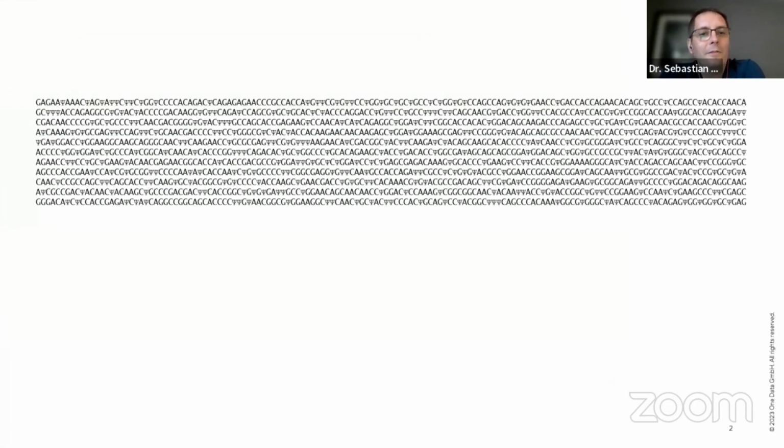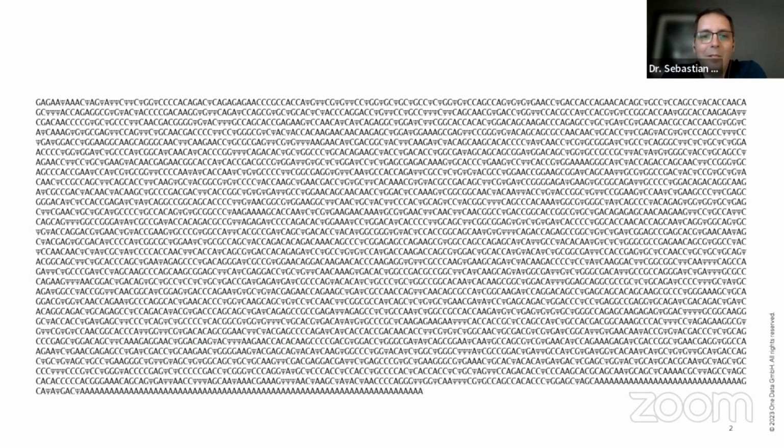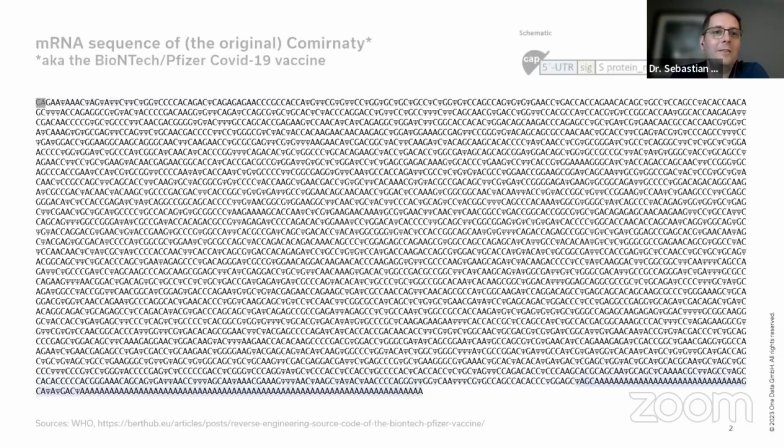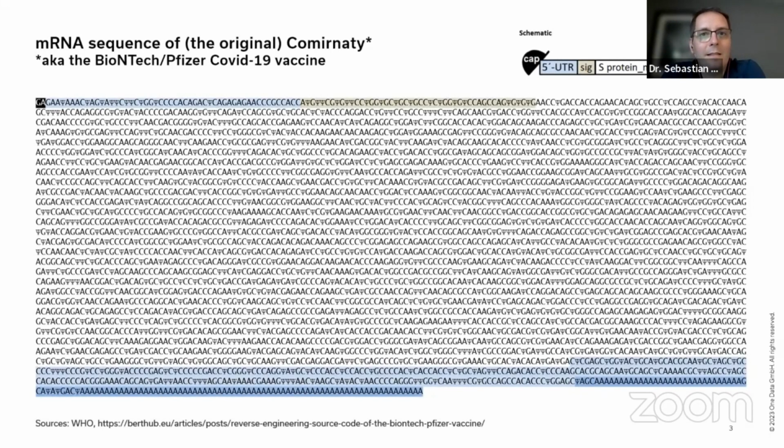What you see here might look like a bit of gibberish, but it's actually a very important sequence. What you're seeing on the screen is the sequence of one of the popular mRNA vaccines called Comirnaty, which is probably more popularly known as the BioNTech Pfizer COVID-19 vaccine.